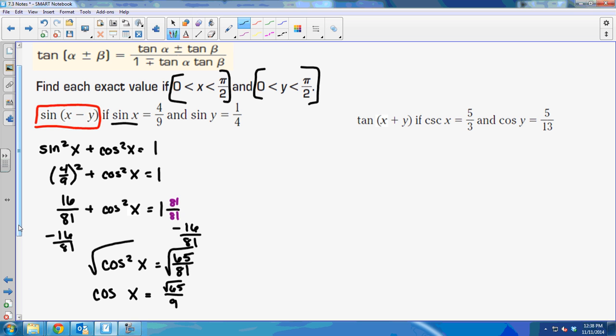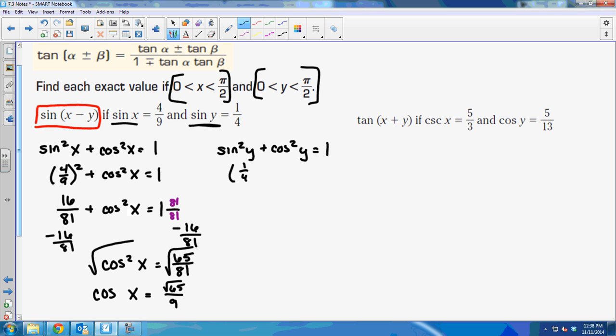All right, so now I have sine x and I have cosine x. I have sine y. I still need cosine y. So I do this one more time, but with y's.